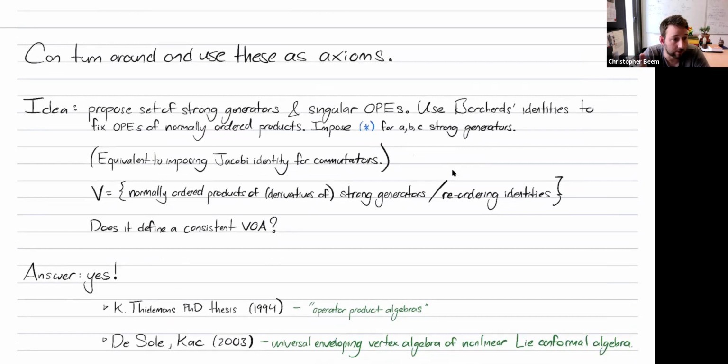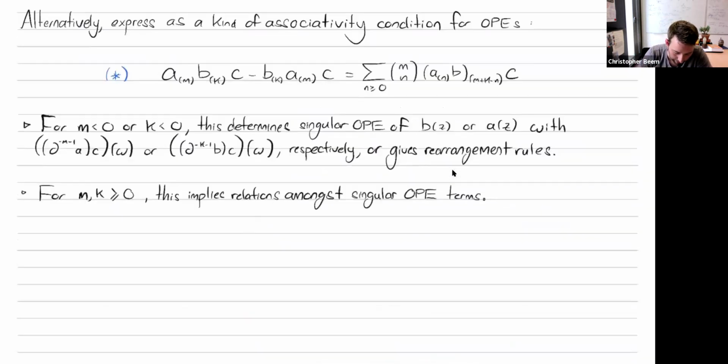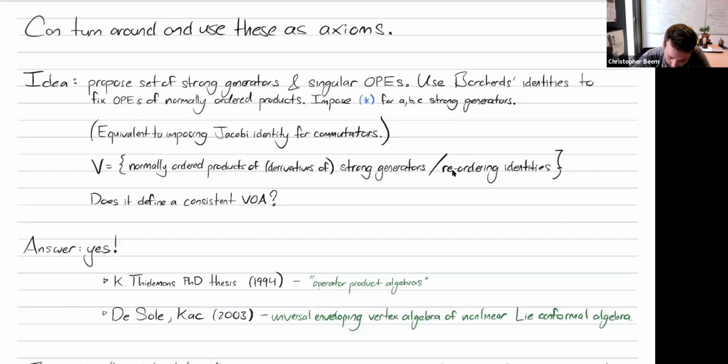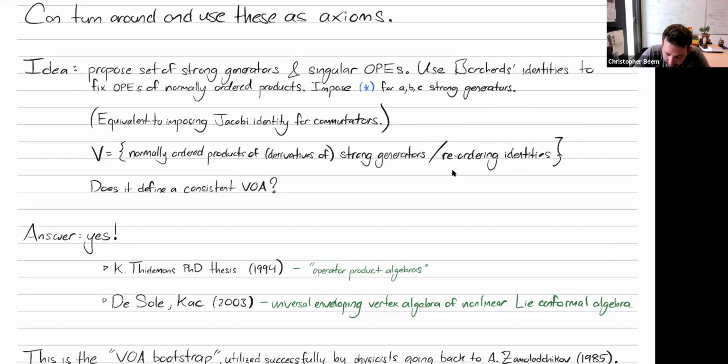This was the case where M or K was negative here. And then impose the consistency condition on singular OPEs for the case where M and K are positive on the strong generators as an axiom, and then try to solve. So I have some ansatz for a finite number of singular OPEs between a set of strong generators, and I try to impose these consistency conditions.